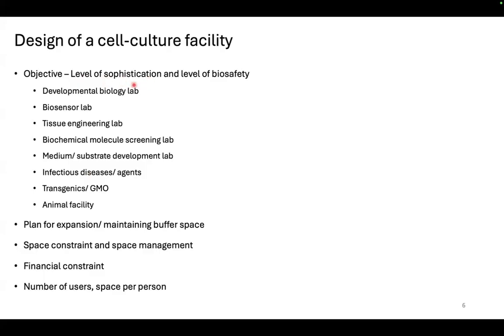And of course, by the level of sophistication, we mean what sort of equipment are you talking about? What scale are you talking about? What equipment do you need? How many of those do you need? So again, all of this is very related. Do you have some plan for expansion?